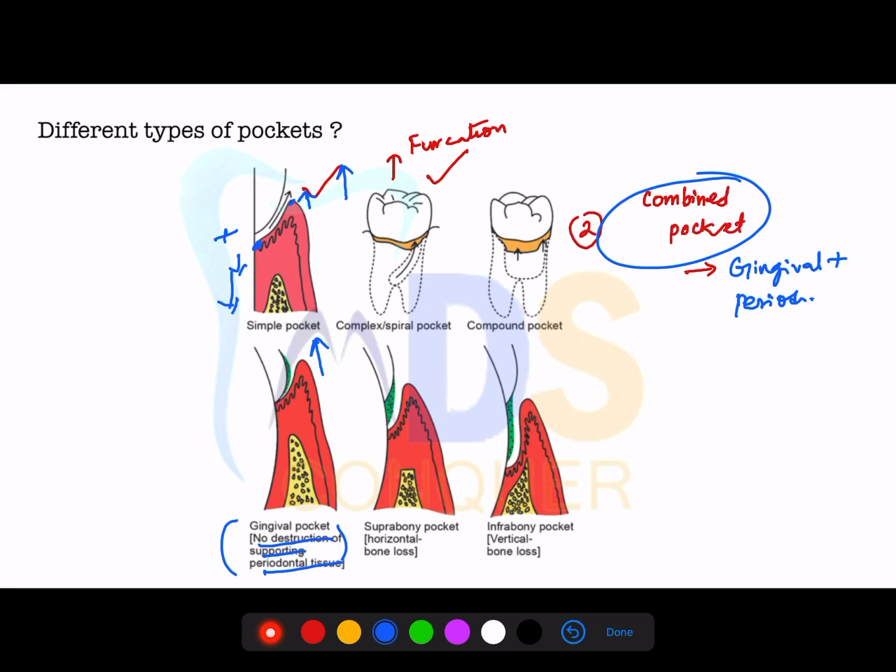The other terms for the supra bony pocket are supracrestal and supra alveolar. If you see the base of the supra bony pocket, it is coronal to the alveolar bone.